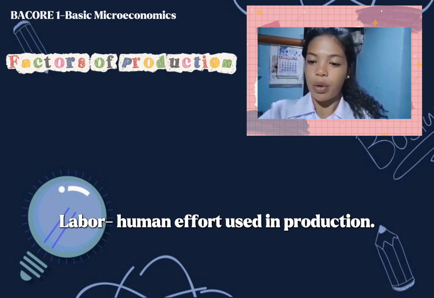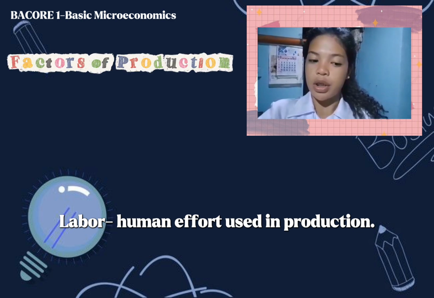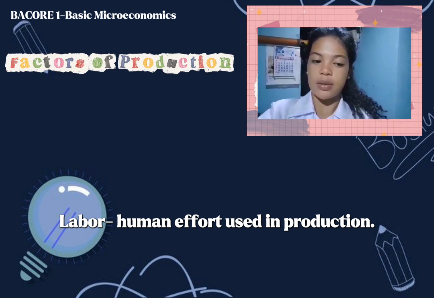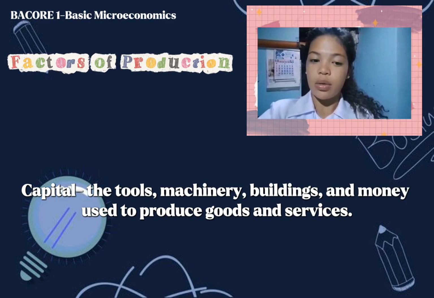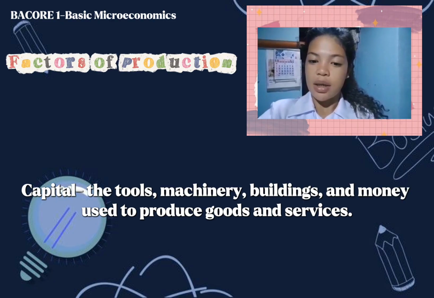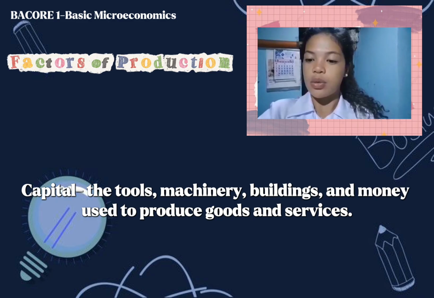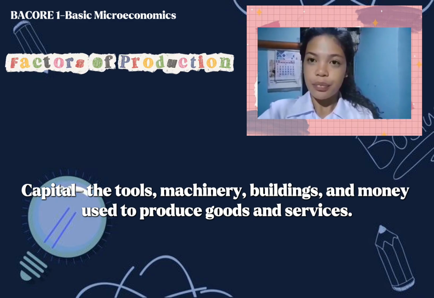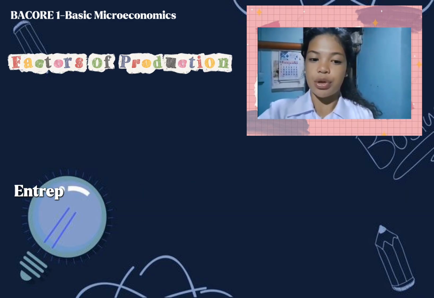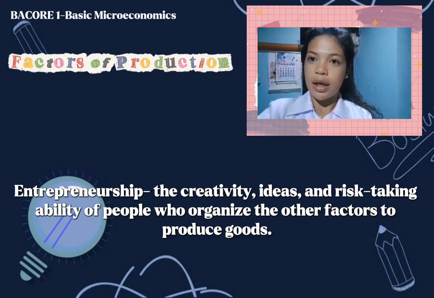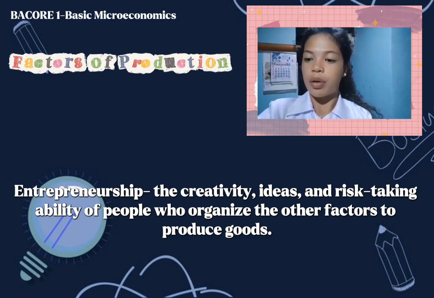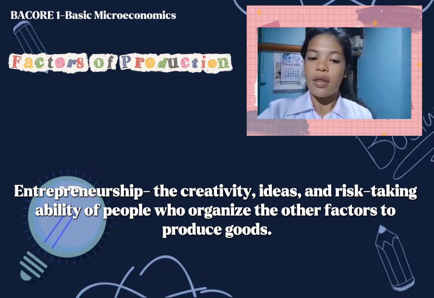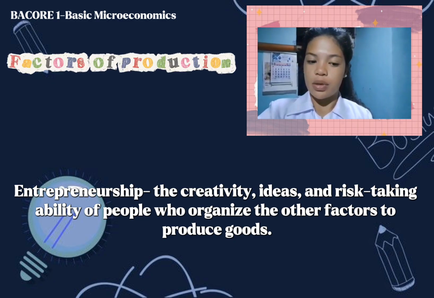For example, workers who operate machinery or services. Next is capital. The tools or machinery, buildings, and money used to produce goods and services. Last is entrepreneurship, the creativity, ideas, and risk-taking ability of people who organize the other factors to produce goods.